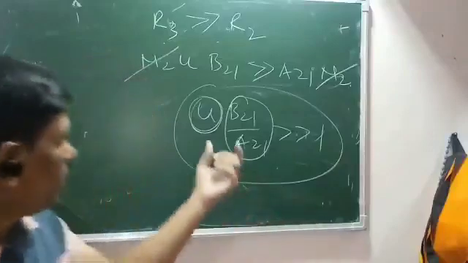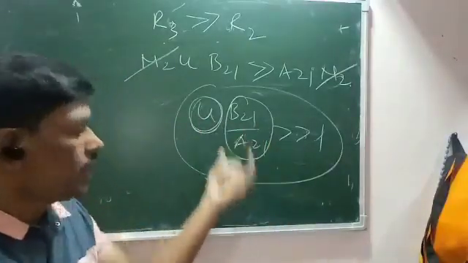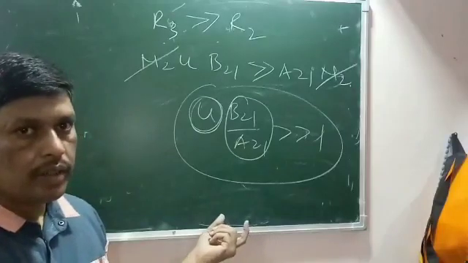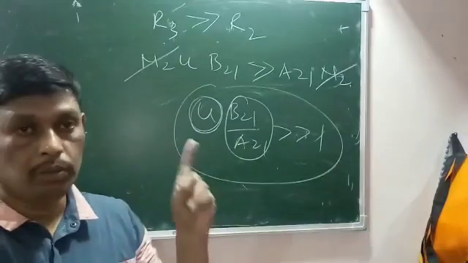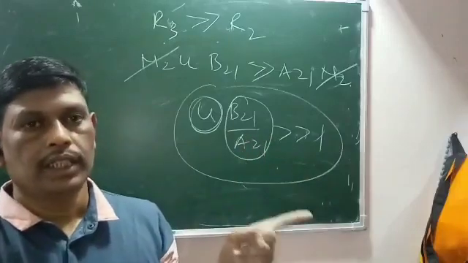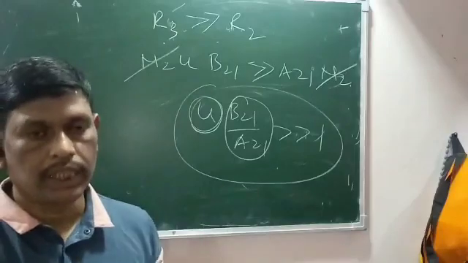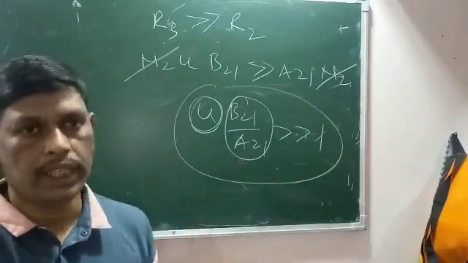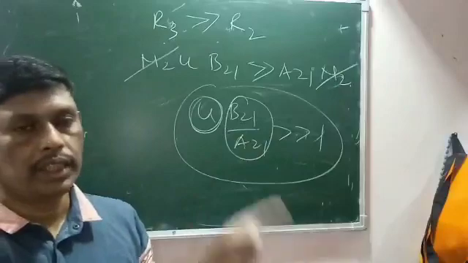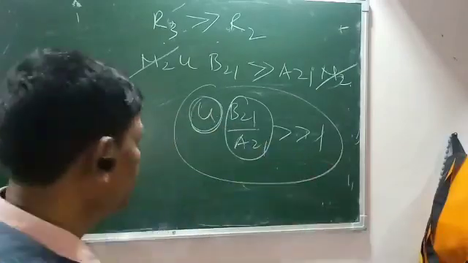So the metastable state belongs to this ratio B21 by A21. From the metastable state, the possibility of stimulated emission is maximum and the possibility of spontaneous emission is minimum. So spontaneous emission is forbidden and stimulated emission is allowed from the metastable state to the ground state.